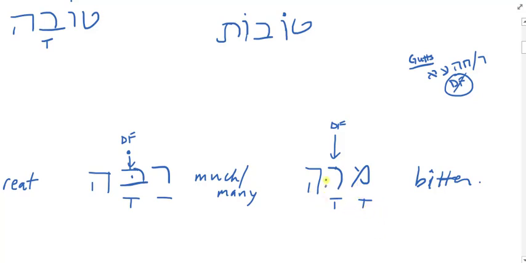Because I'm adding vocalic endings in all three places, ah, im, and ot, I'm going to see the dagesh forte come, get driven out, and compensatorily lengthen. So let's say these. Mar, mara, marim, marot. So you see how this works. Remember, our guttural gang is characterized by no dagesh forte in these five consonants.